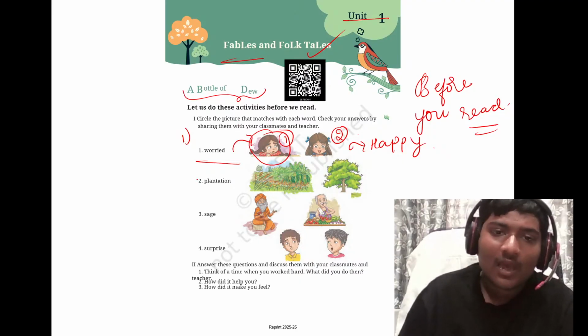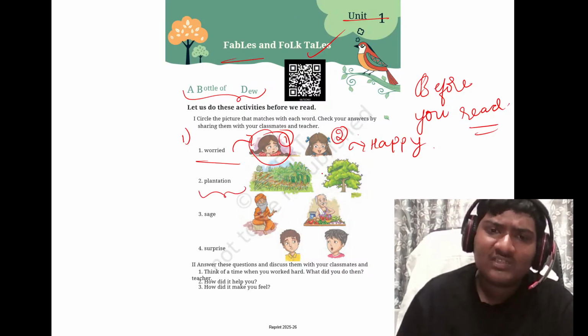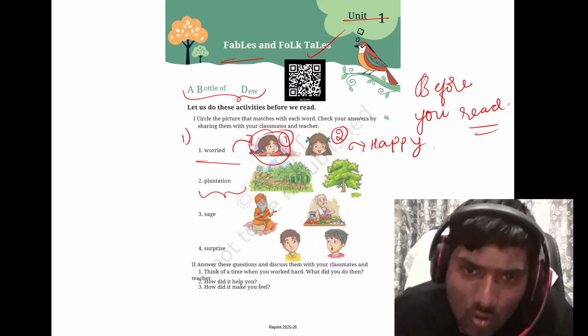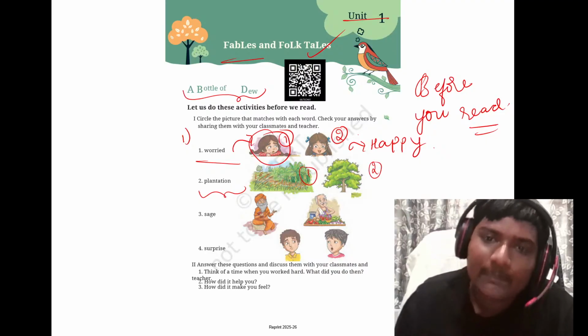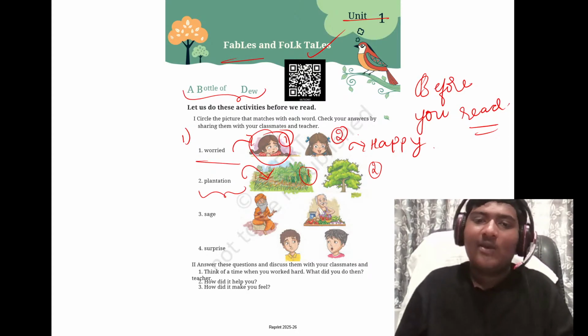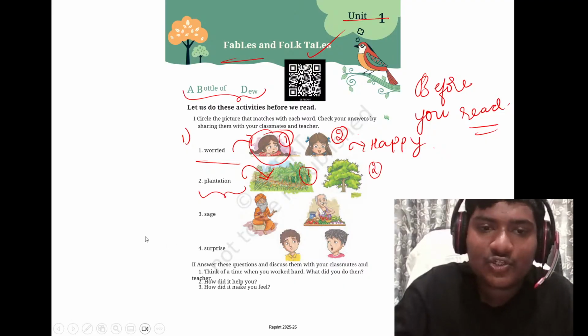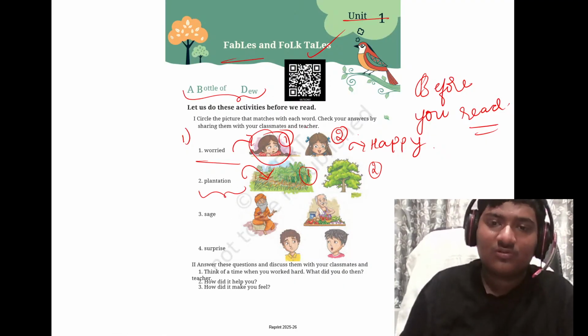Let us go for the second one, plantation. Is the first image the plantation or the second image? The correct answer is number one. Plantation is the first image. And who was the sage?